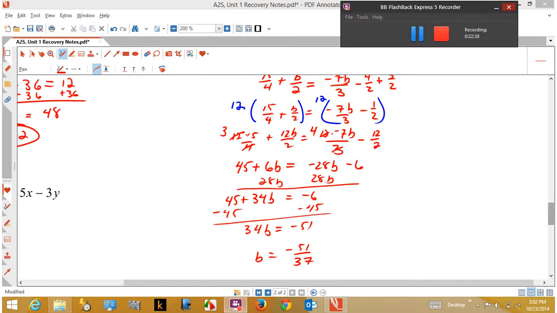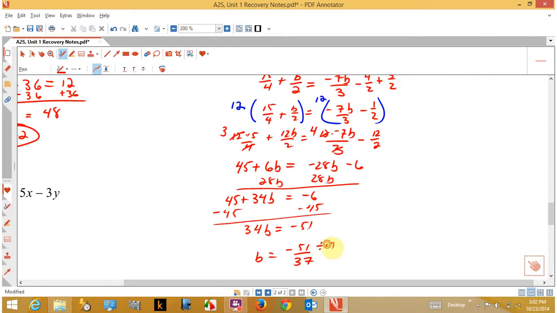Okay, so now we'll continue from here. What we can see is this actually can be reduced if I take the numerator and divide it by 17, and the denominator, that was a 34, by 17, then I would get a negative 3/2.